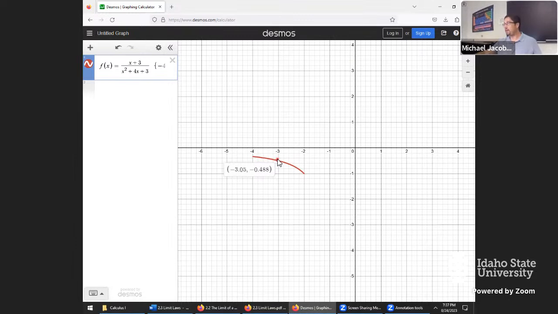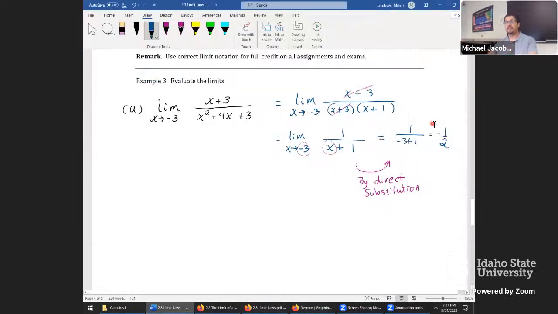That's close to -0.5, and I can make that closer if I zoom in more. If I'm to the right, I'm also close to -0.5. And this is the numerical evidence that we are probably correct right here. It's not a proof or a guarantee, but it gives us evidence that we are in the right ballpark by saying -1/2. Well, any questions so far, folks, on getting through that one?